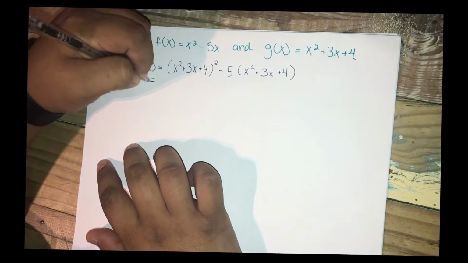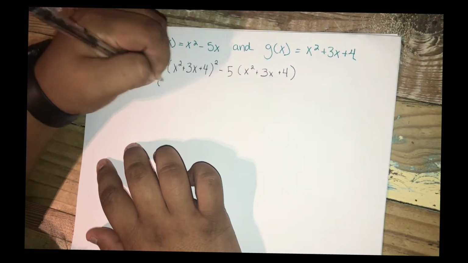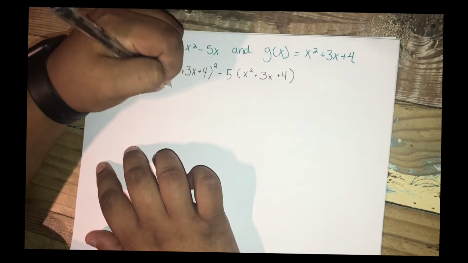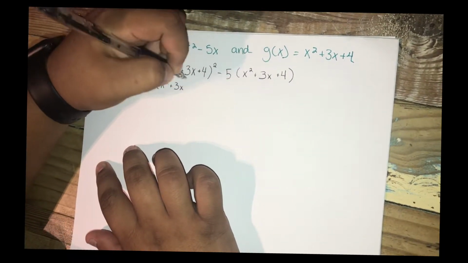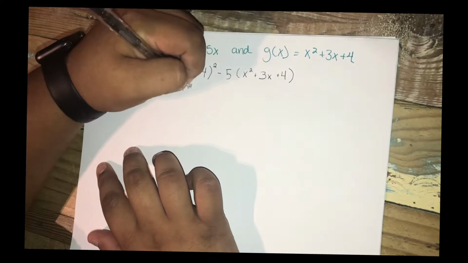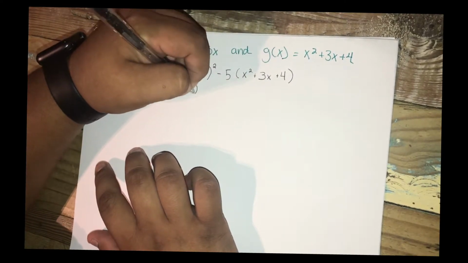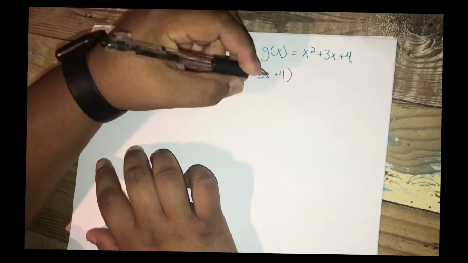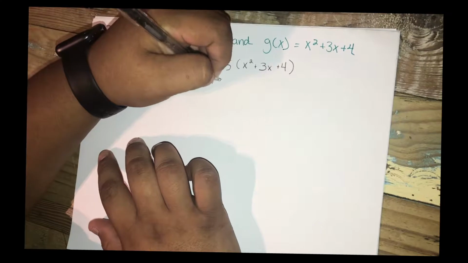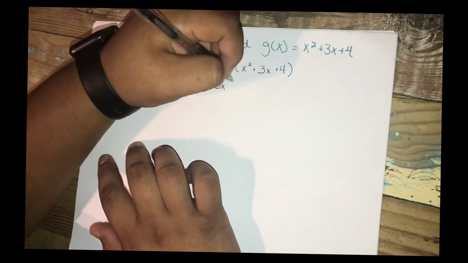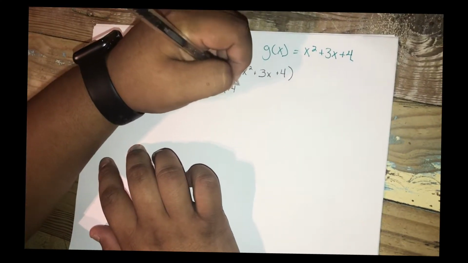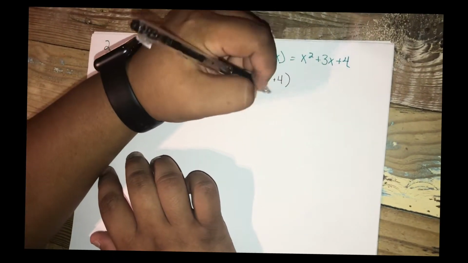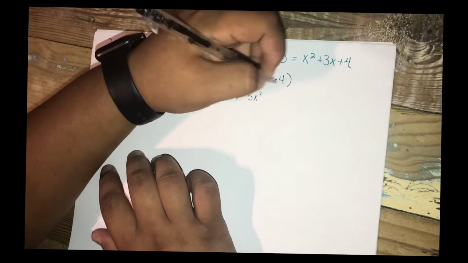So what I'm going to put is the x squared plus 3x plus 4, and not square that, but multiply it by itself, meaning that I'm going to put another one, x squared plus 3x plus 4, as you can see. But we are also going to distribute on the rest of the function, which is the 5x squared minus 15x plus 20.